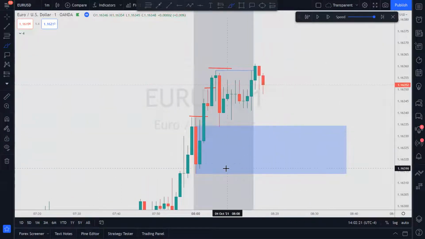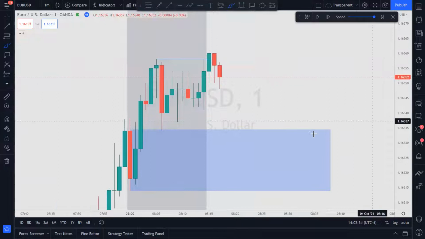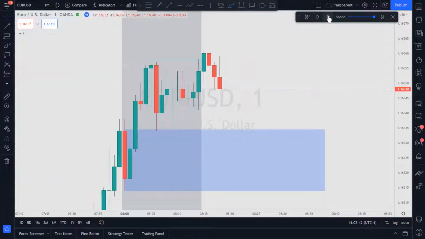That's what I want to look for, because that indicates price is transitioning from bullish to bearish momentum, and I would have to start looking for sells. But is price coming down here to give me an entry for a long? These are the things that I have running through my head.